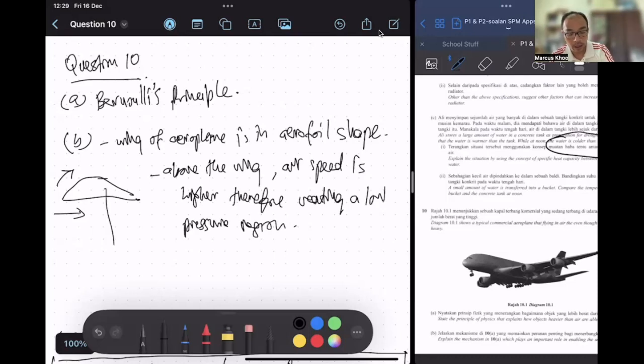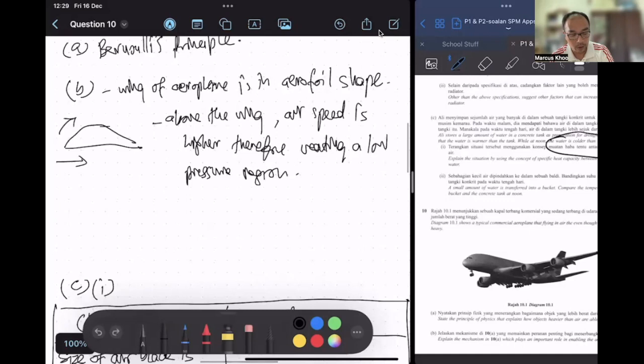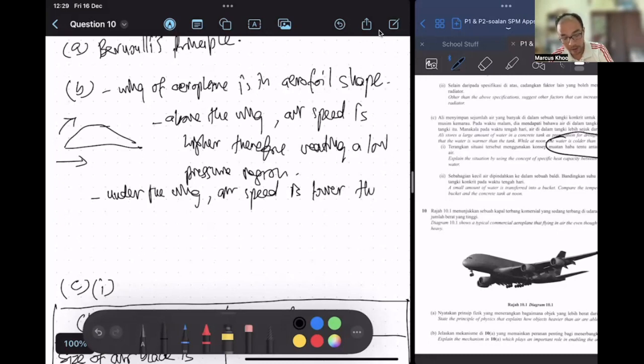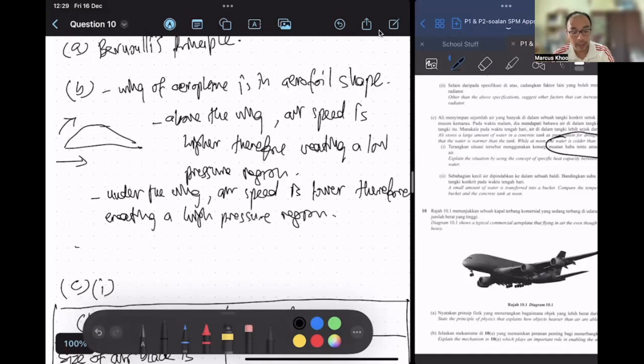The next one will be under the wing, which is the total opposite. Air speed is lower, therefore creating a high pressure region. And then of course the fourth and final point. Yes, I know it's only 3 marks, but you should also mention this.